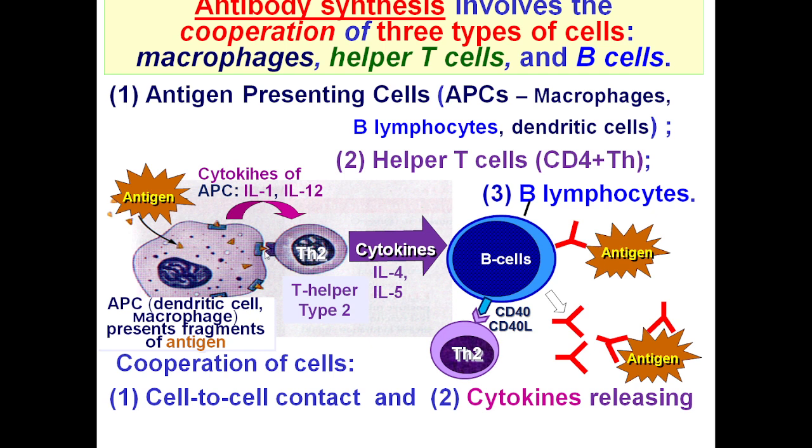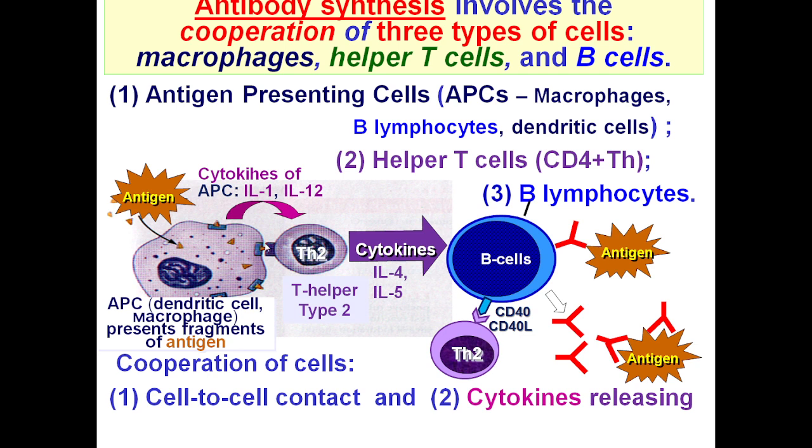T helper cells, by the T cell receptors, recognize specifically the antigenic peptide if this peptide fits to this real T helper cell, while the CD4 molecule recognizes the self nature of the MHC2 protein.